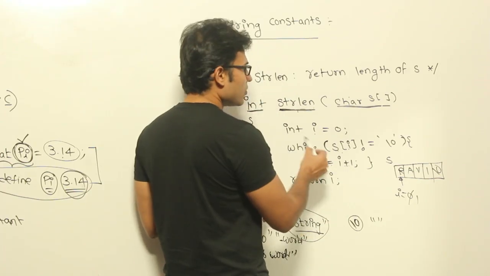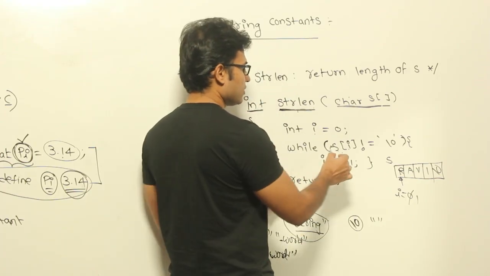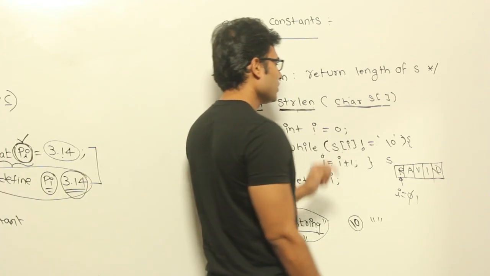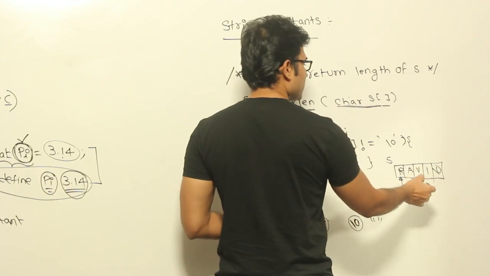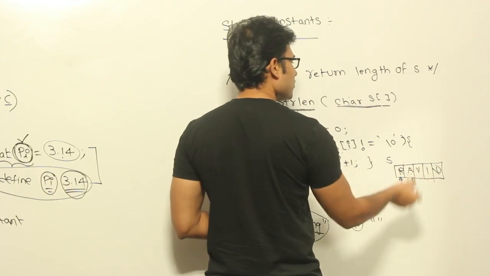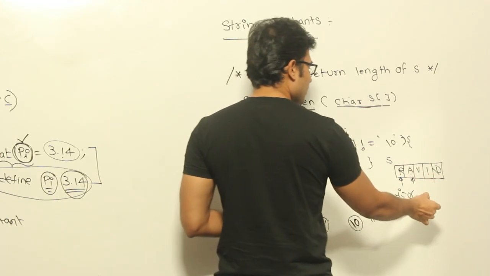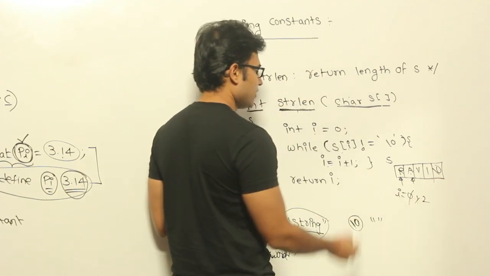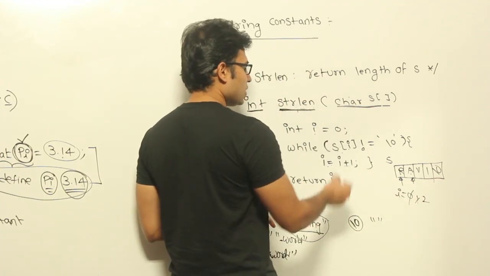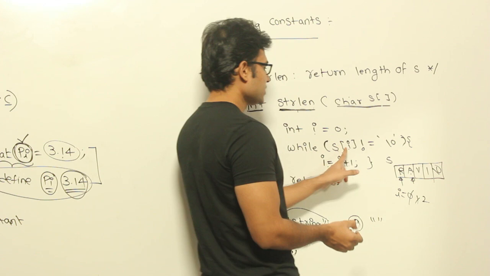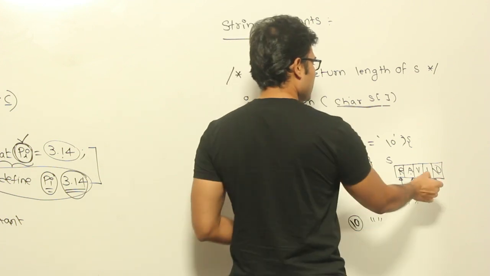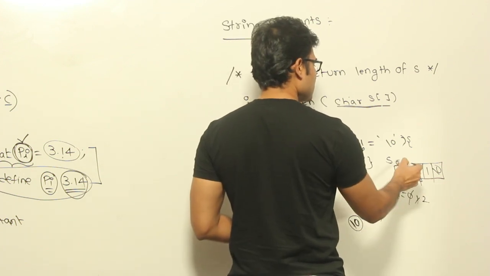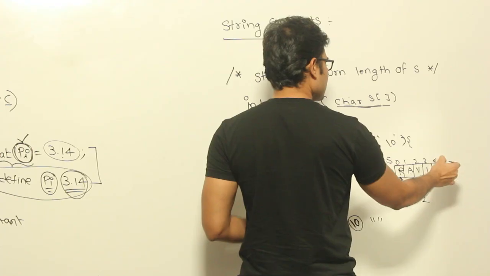Now again it will go back here, right? i equals i plus 1. Now again s of i. Now it will check what the i value is here. s of i here is not equal to null, therefore it will again enter, and make i 2, right? Now the i value is 2. Again it will go back and see s of i. So now s of i is this. These are the indices, right?